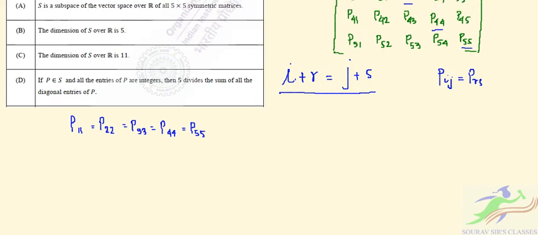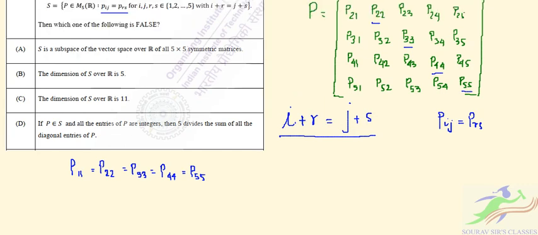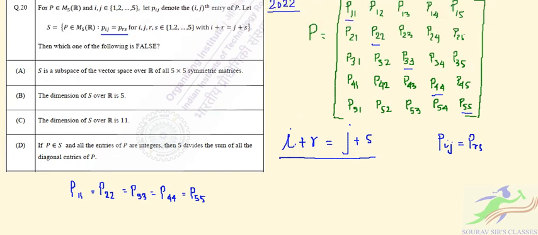Now from the matrix we have to find each of the elements. P11 is given, so now we will find P12, P13, P14 and P15, seeing which elements satisfy the relation i plus r equal to j plus s.